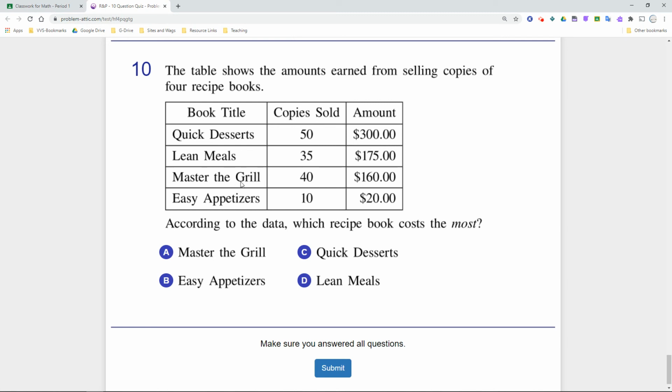For Master the Grill, they sold 40 copies for $160. And for Easy Appetizers, they sold 10 copies for $20. According to the data, which recipe book costs the most? A, Master the Grill, B, Easy Appetizers, C, Quick Desserts, or D, Lean Meals?